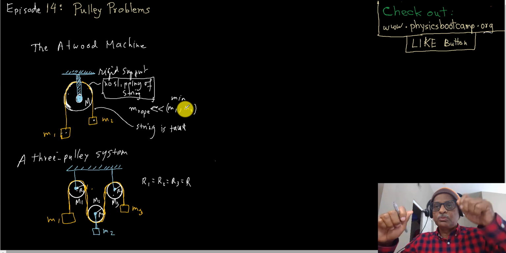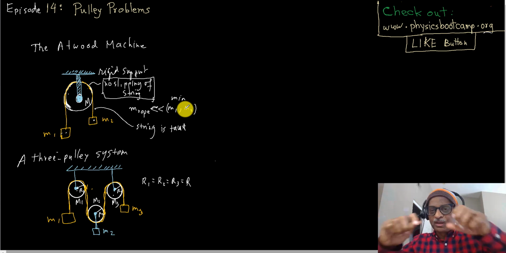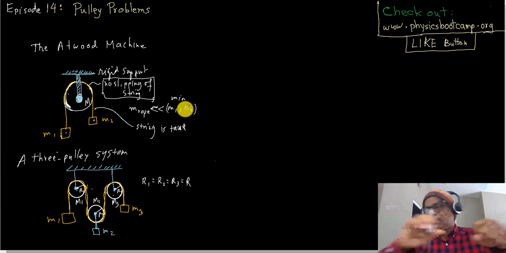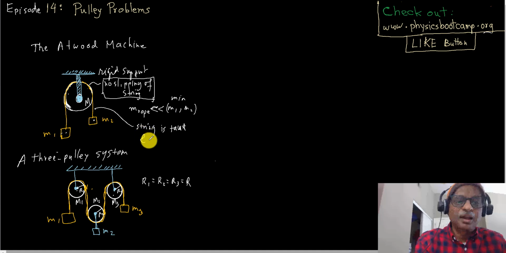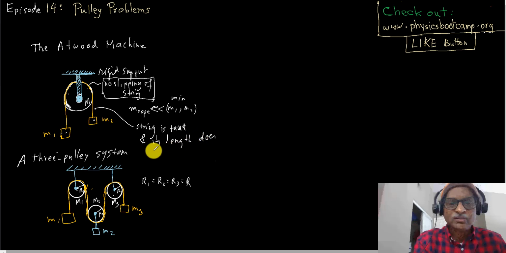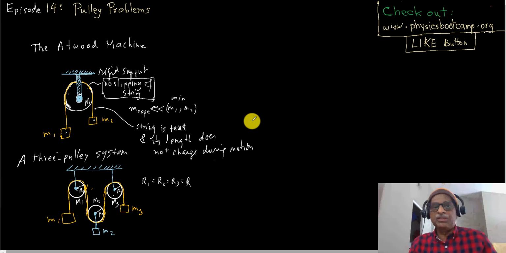So string was whatever length, and then when the masses got put on, the string got extended to some point, but its length does not change during motion. It might have changed when we were putting the masses on, but after I put the masses on, it remains the same.